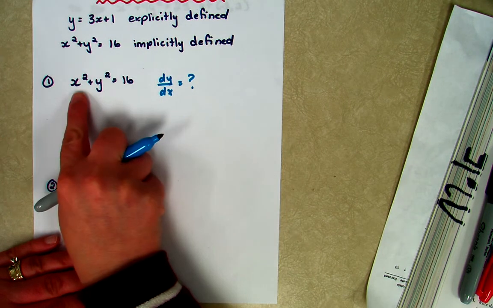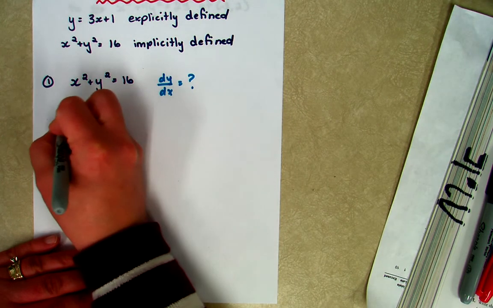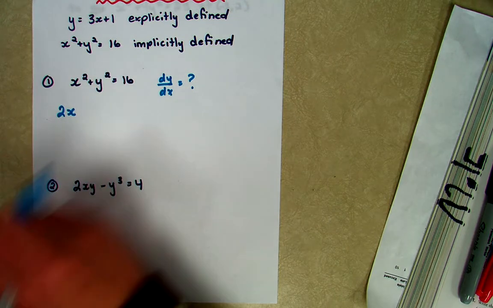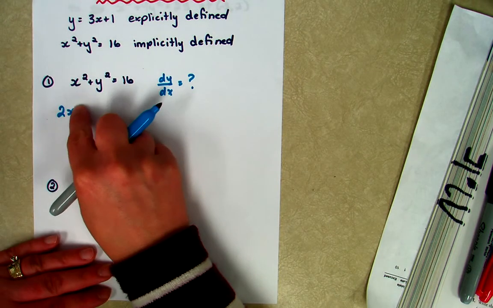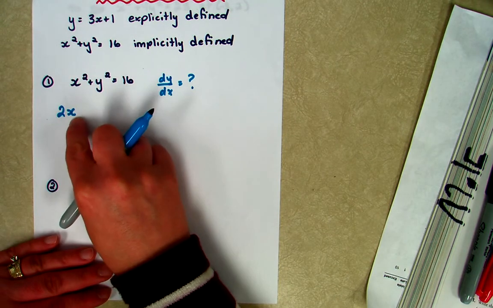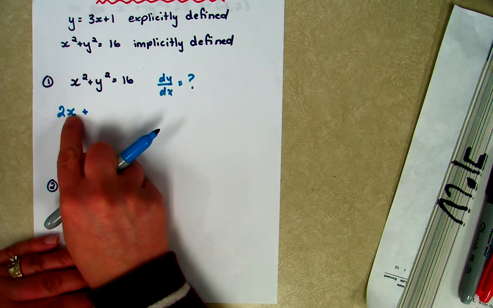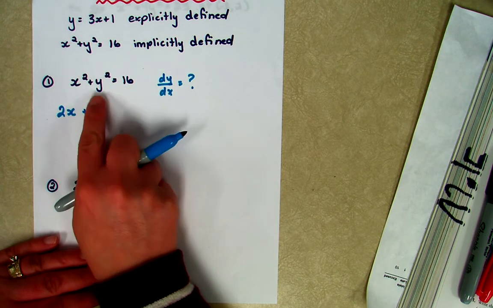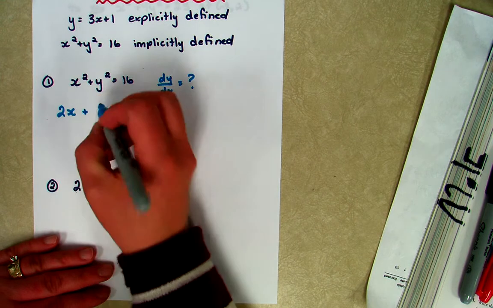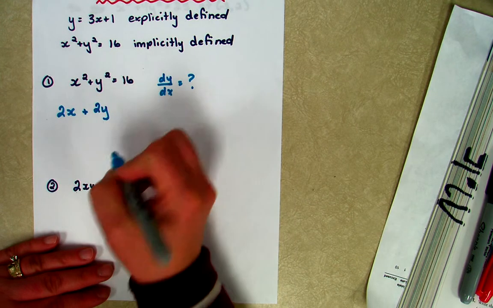So I'm going to start with x squared. Well, hopefully you know power rule, and the derivative of x squared is 2 times x to the 1 times the derivative of x, which is 1. The reason I talked about multiplying by the derivative of x, which is 1, is that now when I come to this y part, this is going to become 2y.